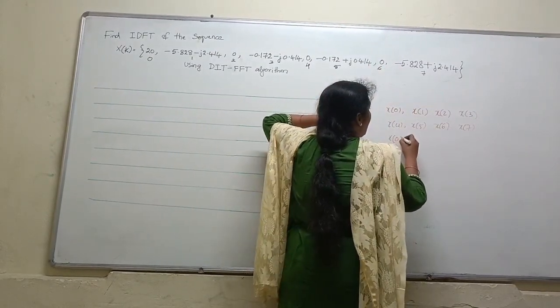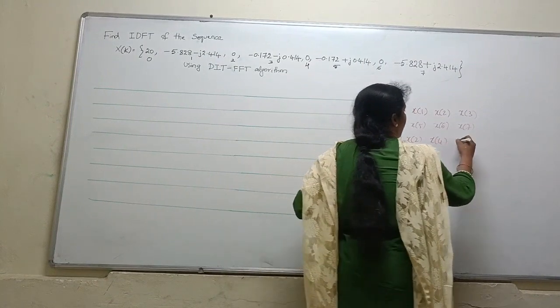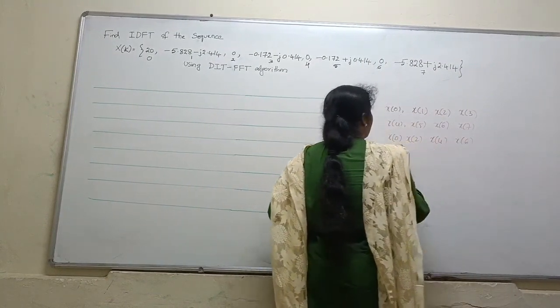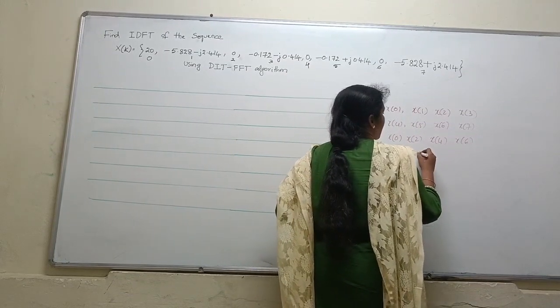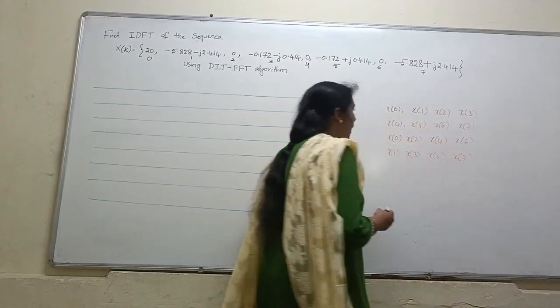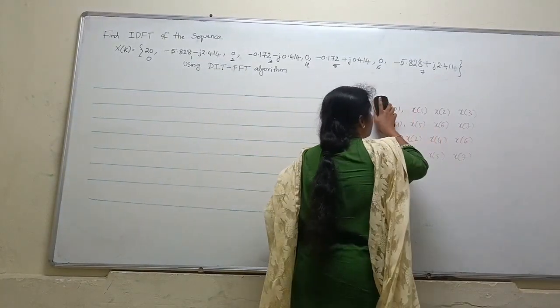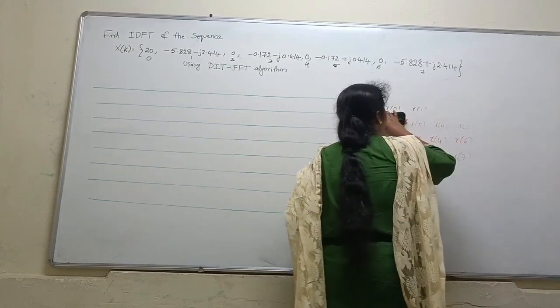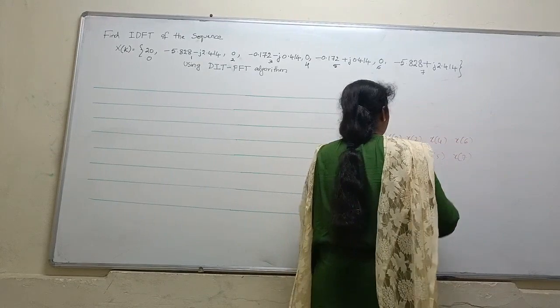X of 0, x of 2, x of 4 and x of 6. Similarly, odd terms, x of 1, x of 3, x of 5 and x of 7. Out of this again, so remove this, directly you can also write the even terms like this and odd terms like this.